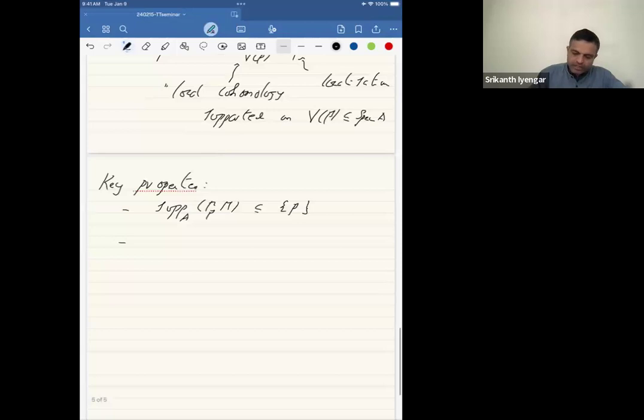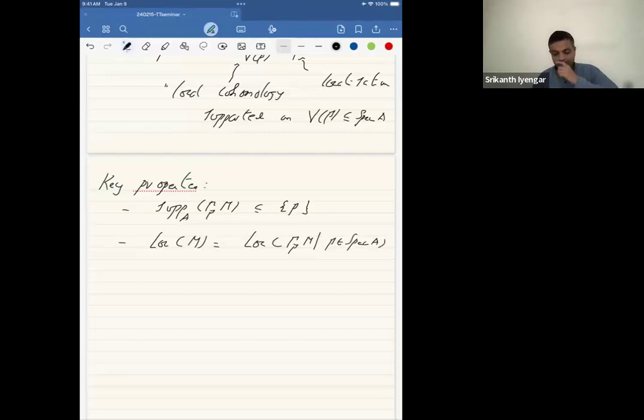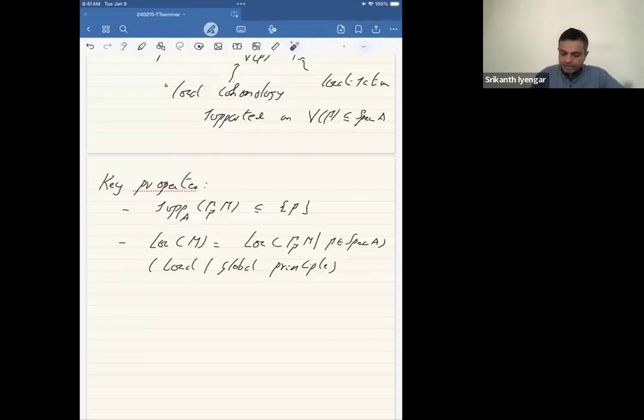I think of this as the P local stratum of M. And one justification for that is that you can reconstruct M in the following sense from its P local strata. The localizing subcategory generated by M is the same as that generated by the strata. So this is what is sometimes called the local global principle. Okay, so this is telling me, for instance, that if gamma P M is zero at each prime, then M has to be zero in particular.